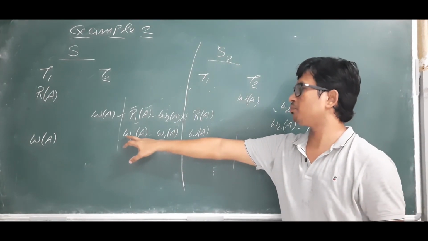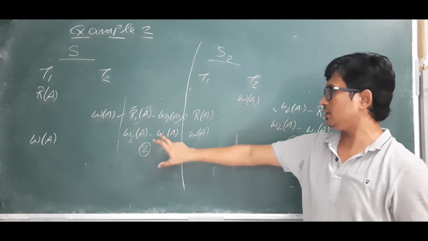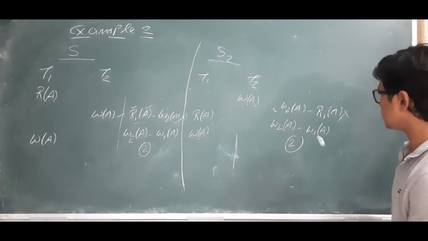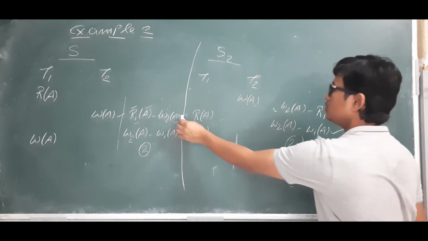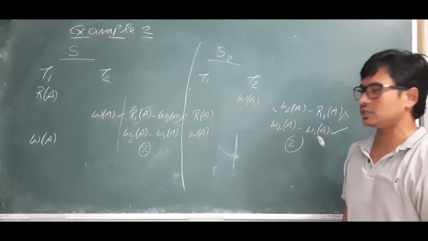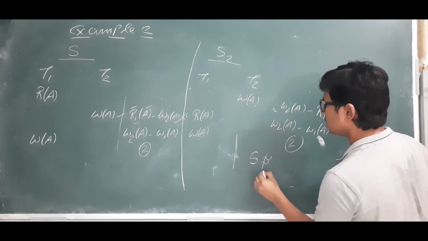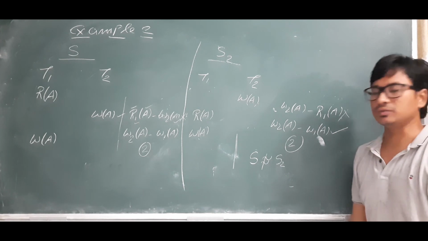You perform the write operation in transaction 2 on data item A, then the write operation in transaction 1, and it says the same. So for one pair the order is the same, but for the other the order is not the same. So I can say that the given schedule S is not conflict equivalent to schedule S2.